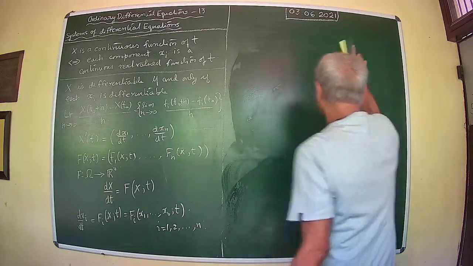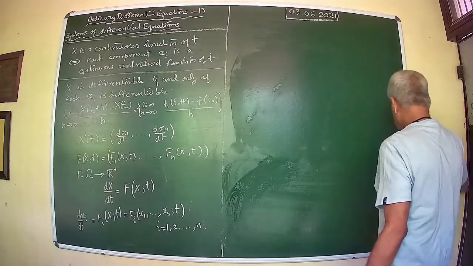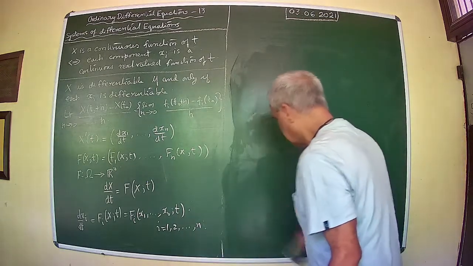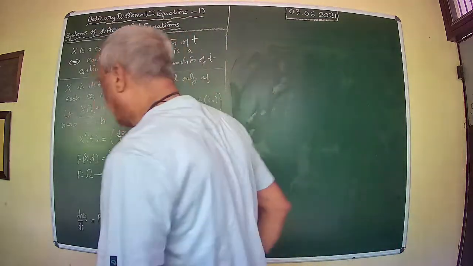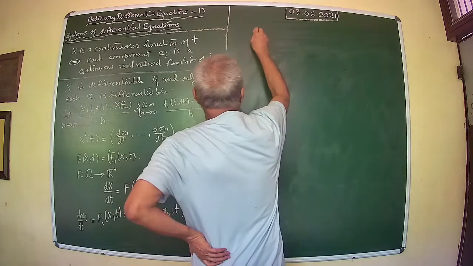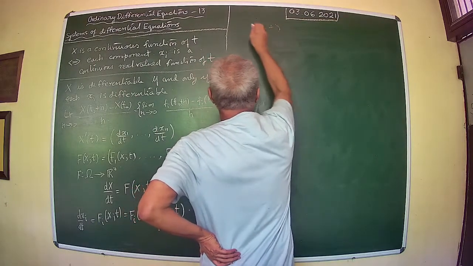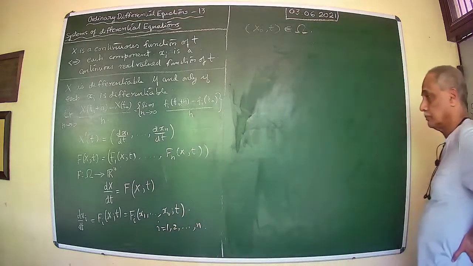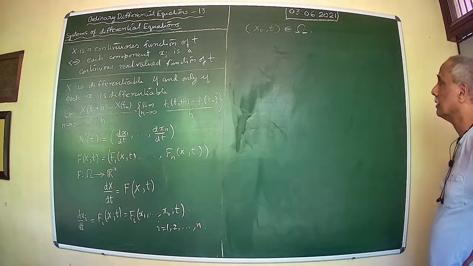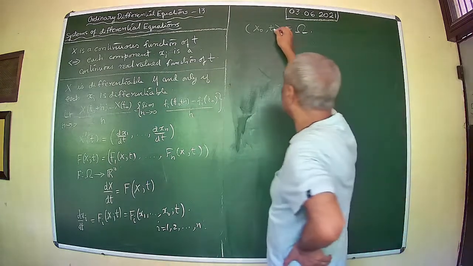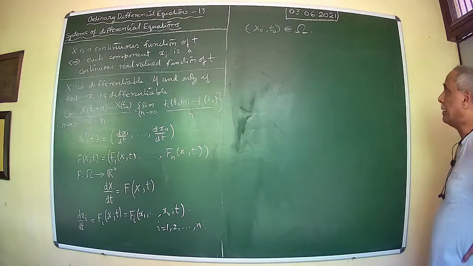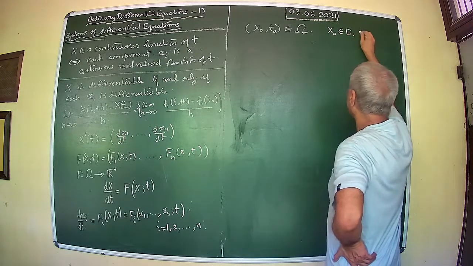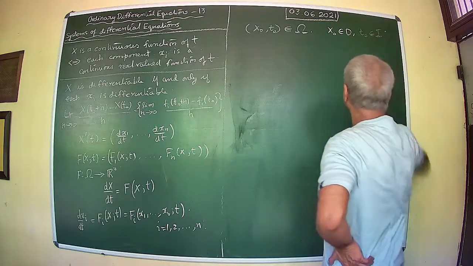You had a point in D, that was the space. So here what we have is this, (x naught, t naught) is a point taken in omega. Sorry, x naught, t naught. That means x naught belongs to D and t naught belongs to I. This is what you have.